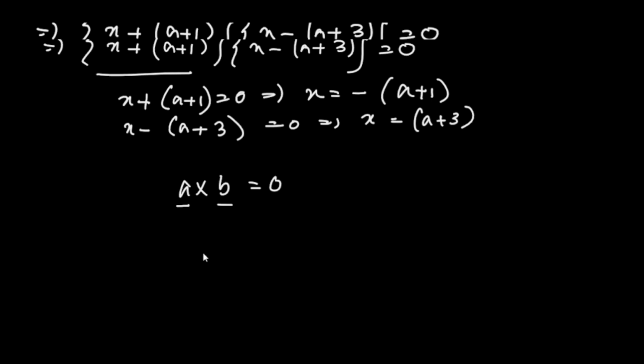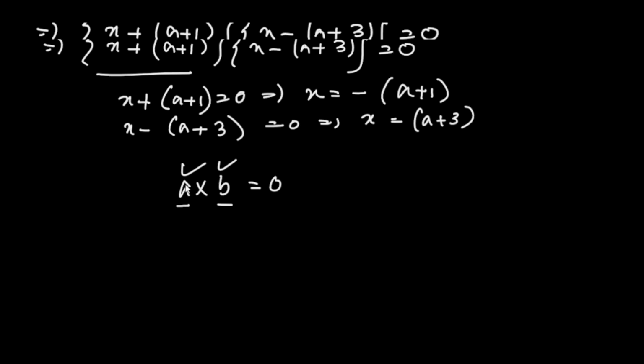We resolve into factors, and when they are in the product form, the product of these two numbers a and b equals 0, so either a equals 0 or b equals 0. It can even happen that both of them are 0. That's why we take that concept, the either-or.